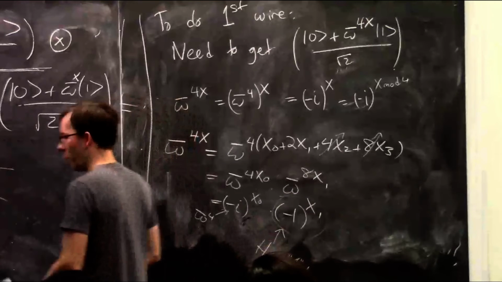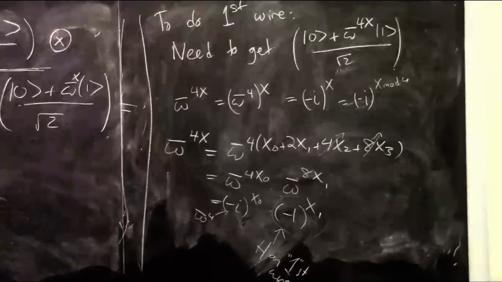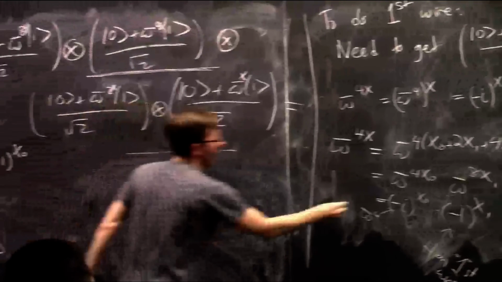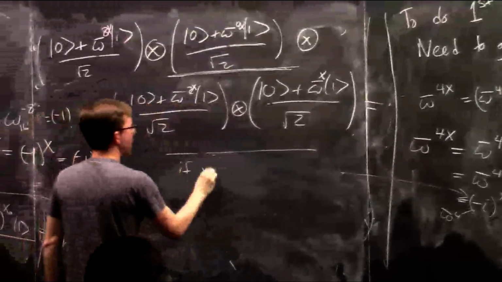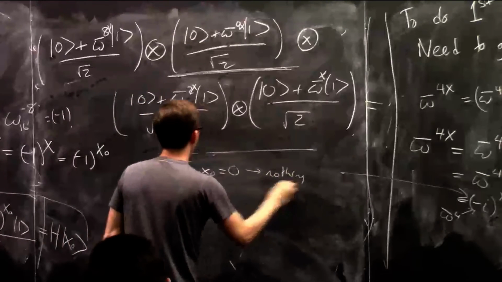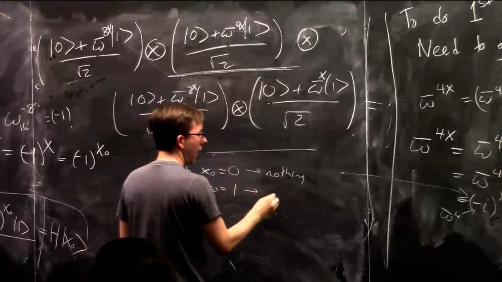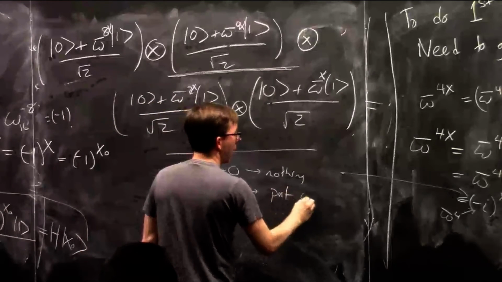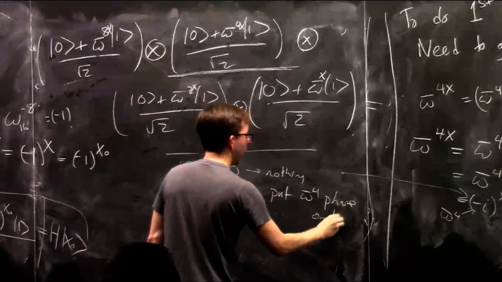Okay, so to get this last factor into play, we need to do: if x0 equals 0, nothing. If x0 equals 1, then put omega bar to the 4 phase on ket1.